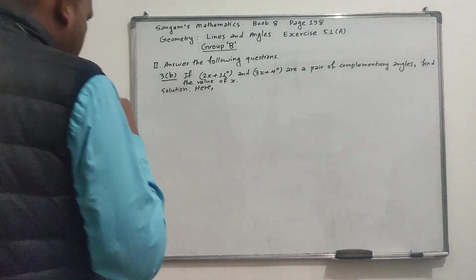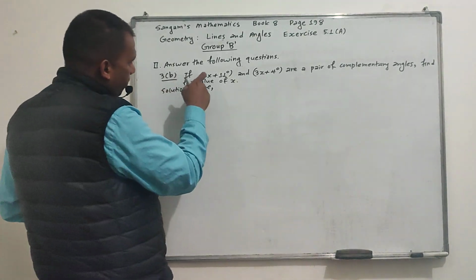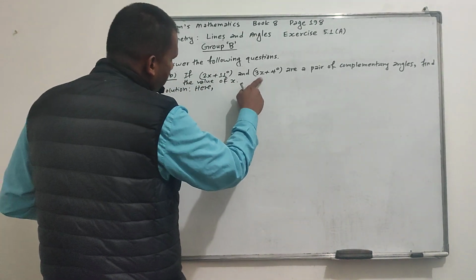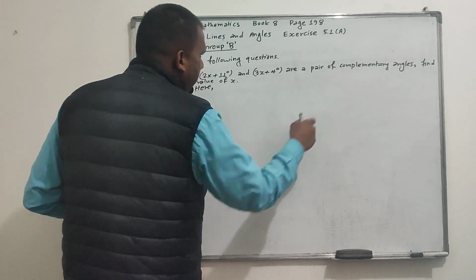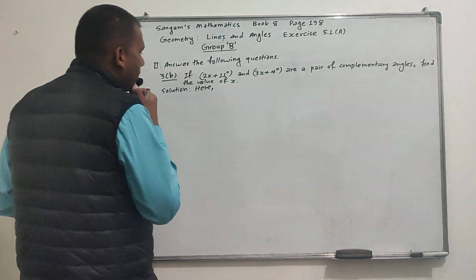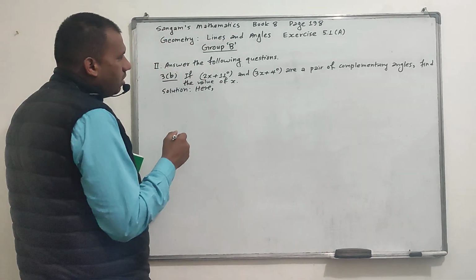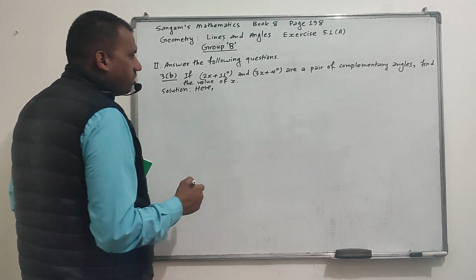Now 3b, the question is, if 2x plus 11 degrees and 3x plus 4 degrees are a pair of complementary angles, find the value of x. Now its solution: since they are complementary, their sum is 90 degrees.